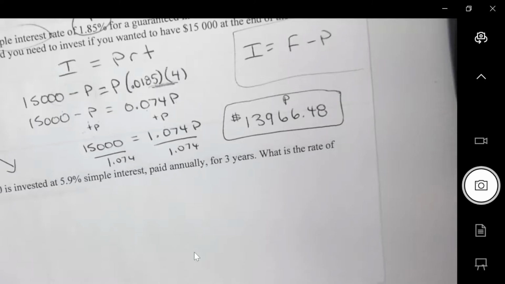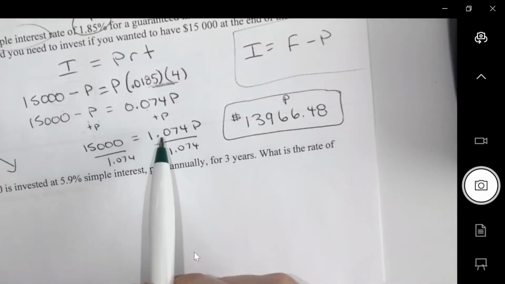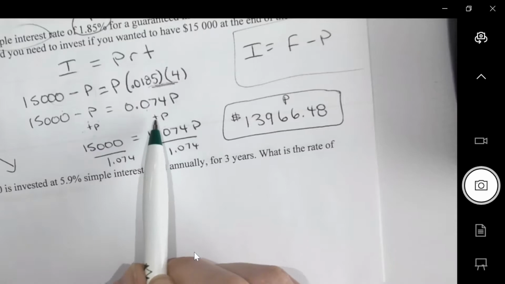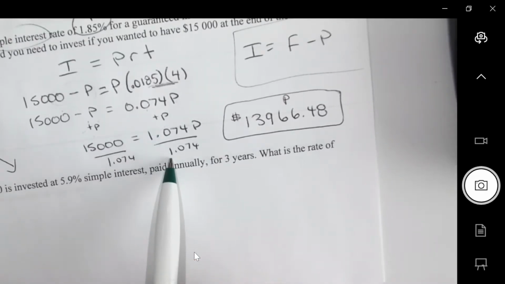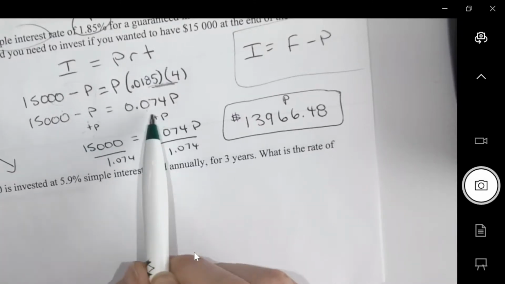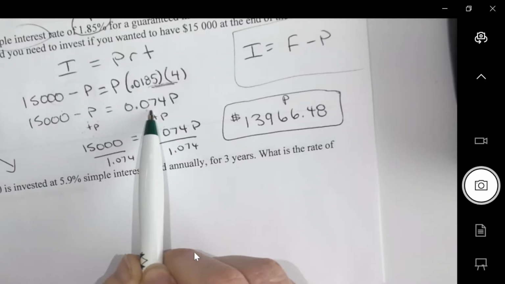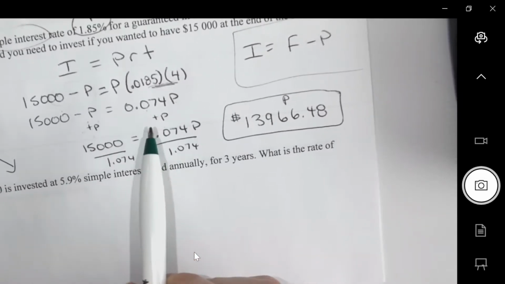Did you do it a whole other way? Because this is just a 0.074p. But this isn't 1p, this is 0.074p. Like if you had a half of a p and then added a p, you would have 1.5 p's.